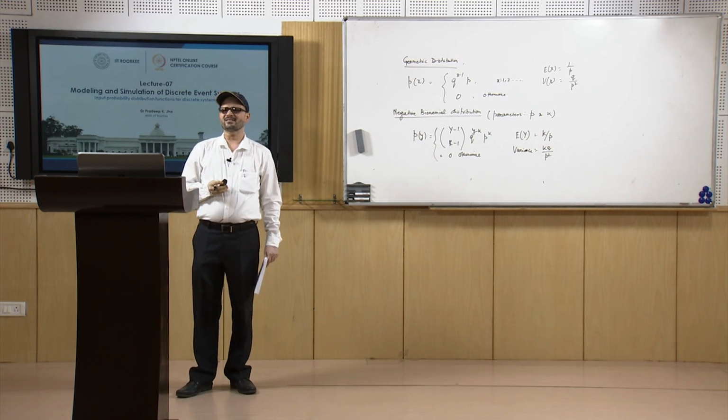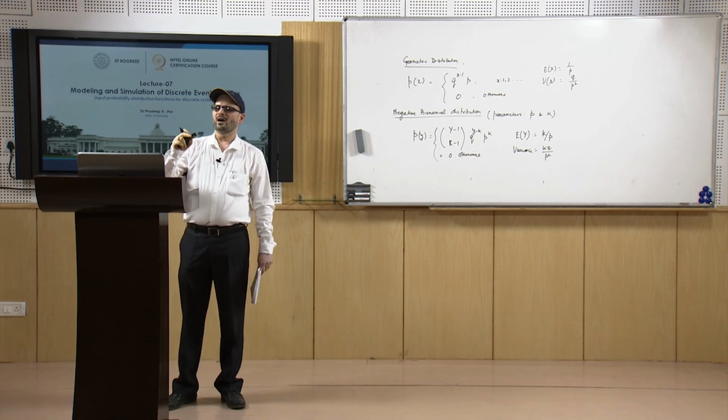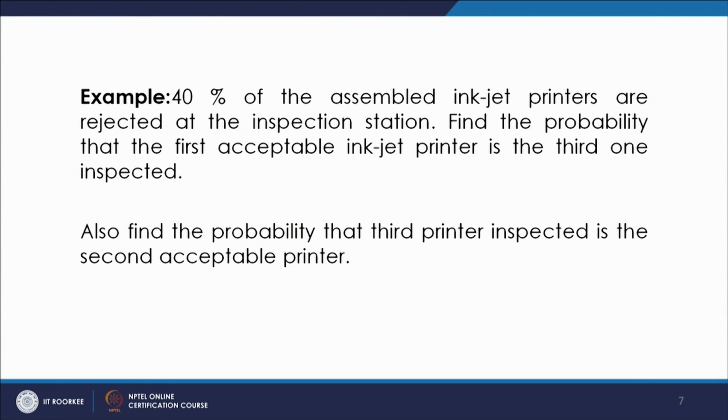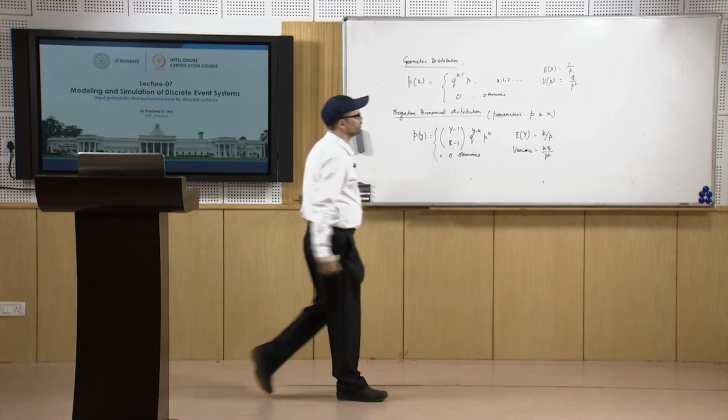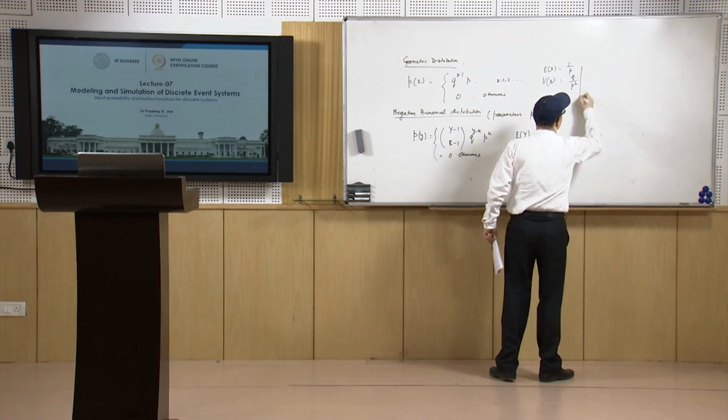Now, there is another example: 40% of assembled inkjet printers are rejected at the inspection station. Find the probability that the first acceptable inkjet printer is the third inspected. For such cases, 40% is rejected, it means 60% is accepted.